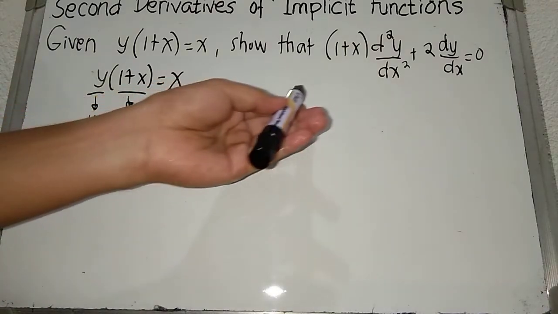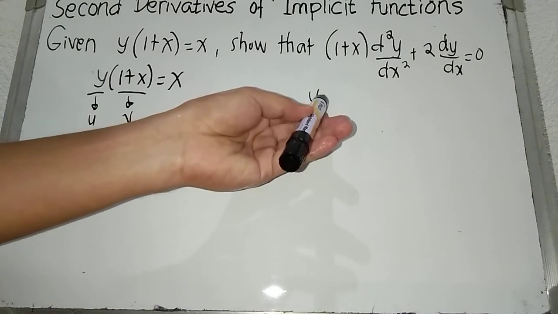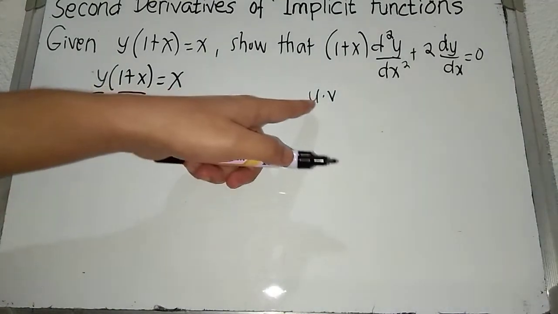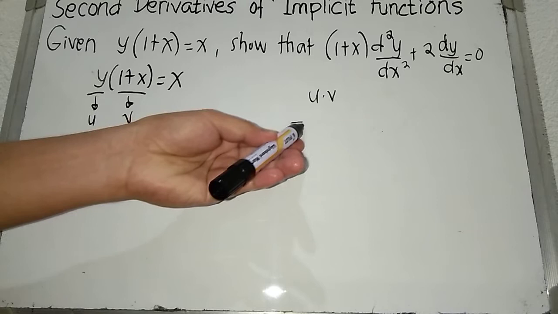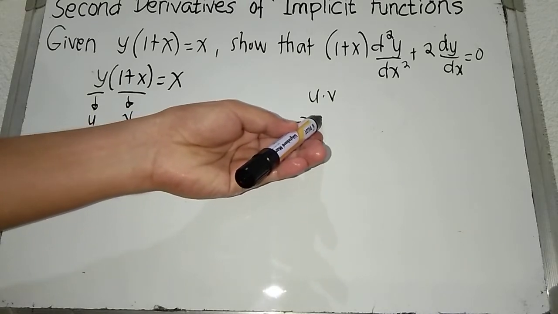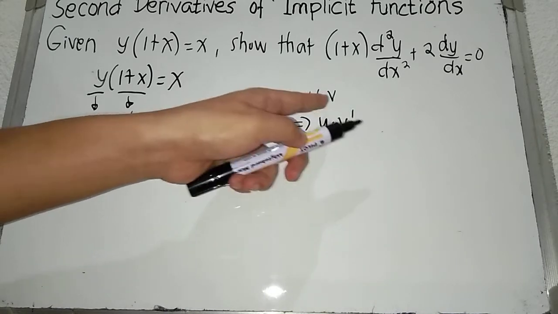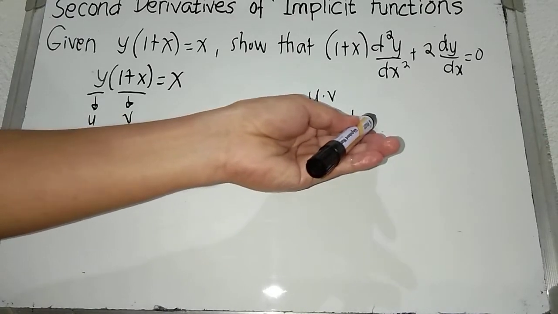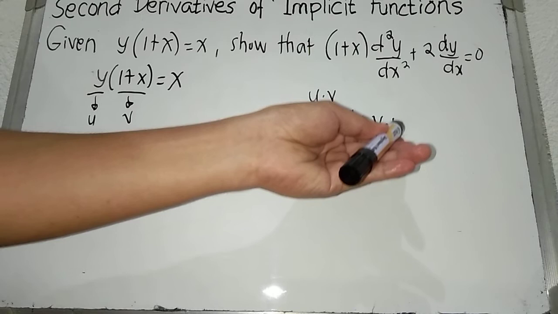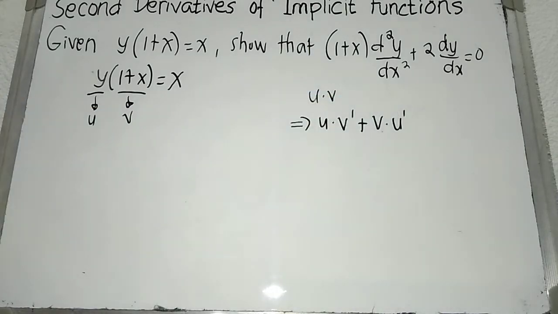If we have u times v, this is actually the product rule, which means that the derivative goes this way: u times the derivative of v, plus copy the v times the derivative of u.